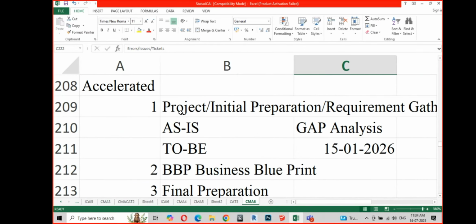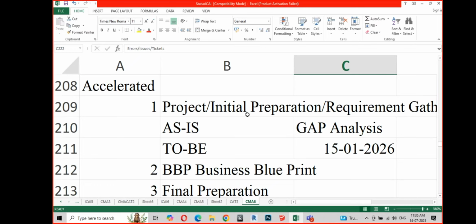What exactly happens in this step? This is basically a very high level discussion where both companies, the implementing partner and the company which wants SAP implemented, enter into a discussion at the top management level as to what exactly is required by the company, and what SAP can actually deliver.